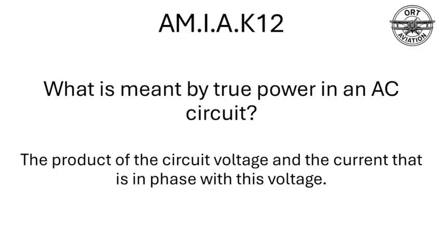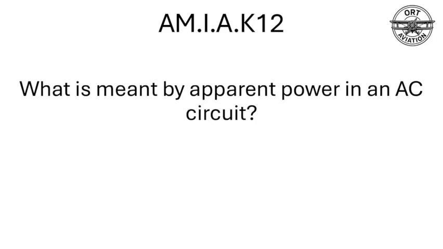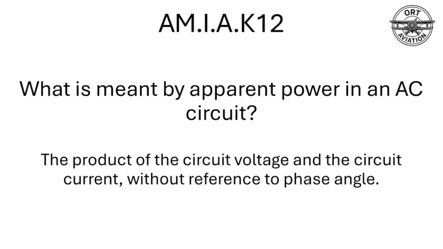The product of the circuit voltage and the current that is in phase with this voltage. In what units is true power expressed? In watts. What is meant by apparent power in an AC circuit? The product of the circuit voltage and the circuit current without reference to the phase angle.